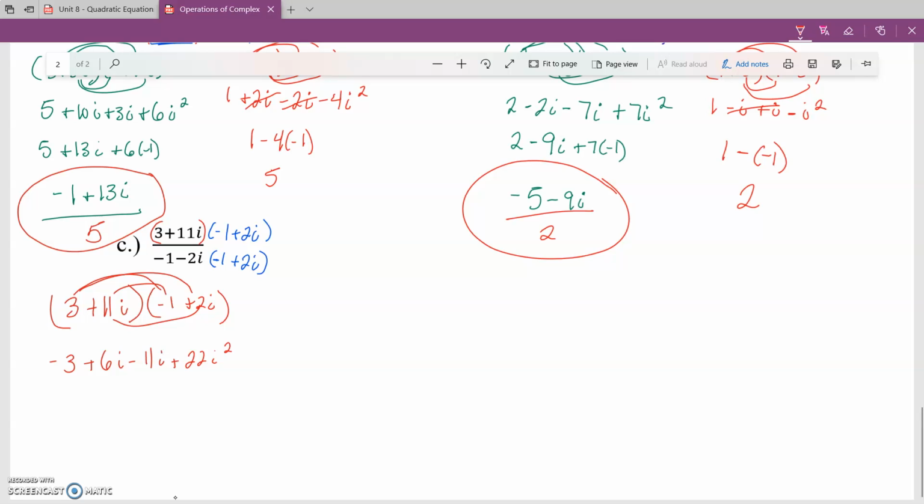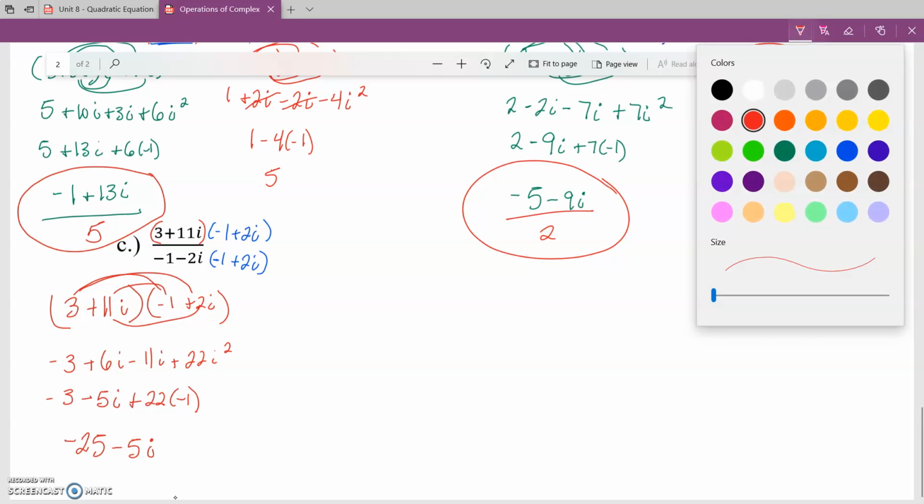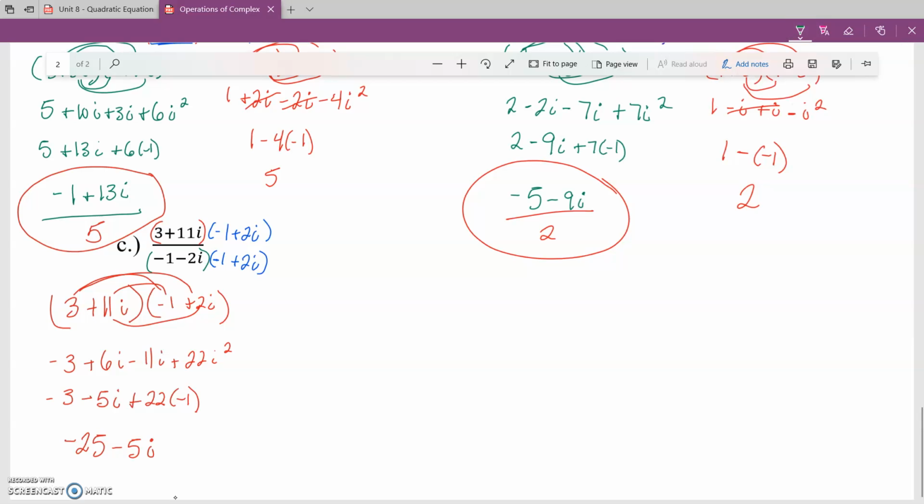Combine like terms and replace i squared with a negative 1. Negative 3 minus 5i plus 22 times negative 1. 22 times negative 1 makes negative 22. Minus 3 more, I've got a negative 25. Minus 5i. And then we do our bottom. Again, I'll do it in green. Negative 1 minus 2i times negative 1 plus 2i.